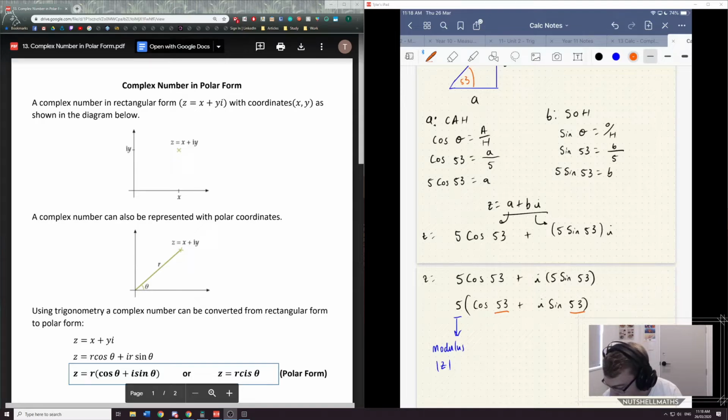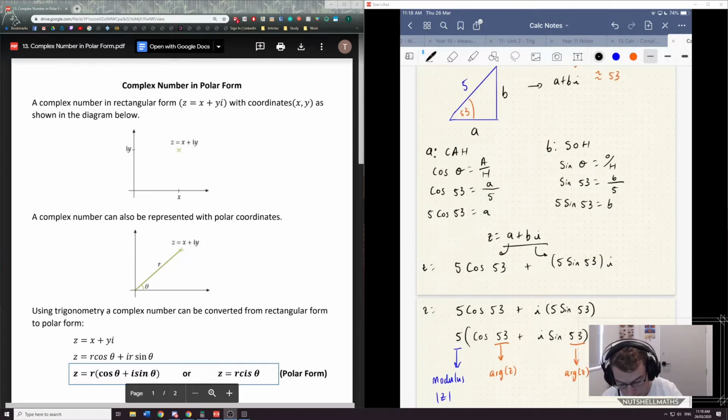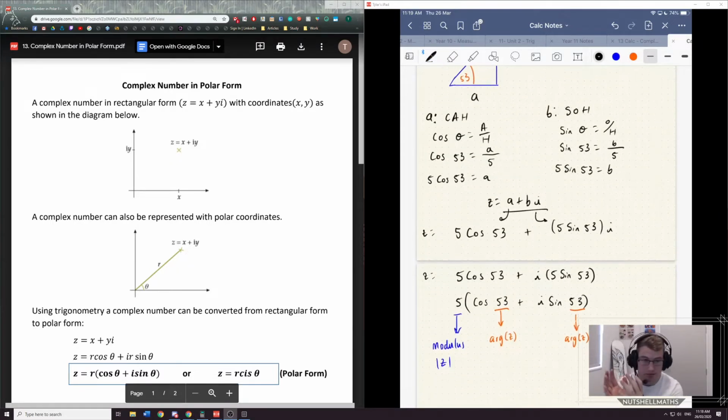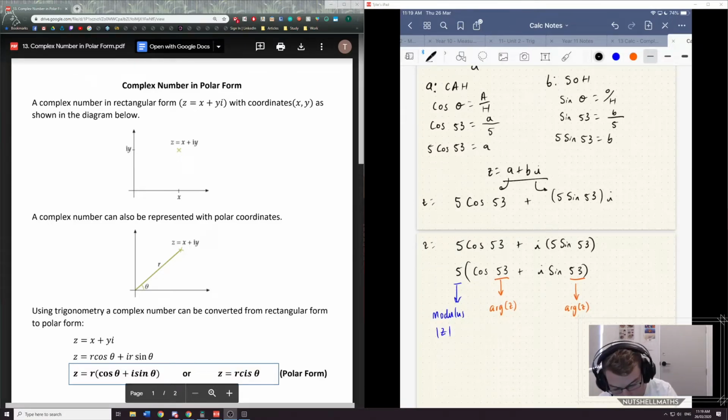This came from the argument of Z. Both of these. You happy so far? So the modulus is the number at the front, and the argument is the numbers in between. That's the only thing that exists within what we've done so far.